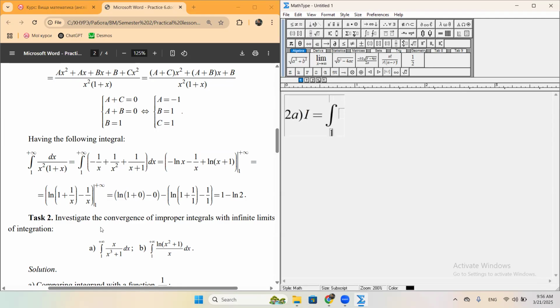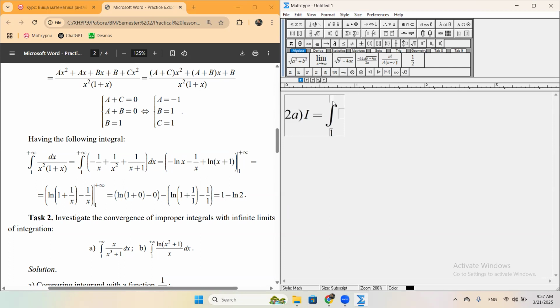So when doing individual tasks, when you have such a requirement, just investigate the integral. You don't calculate it, only check if it converges or diverges.